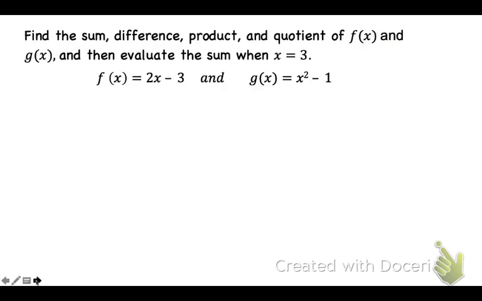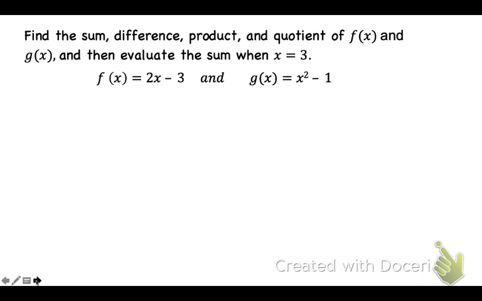Okay, find the sum, difference, product and quotient of f of x and g of x, and then evaluate when it's 3. So we have 5 problems there: sum, difference, quotient, product. Do you guys want to jump in and try to do it yourself, or do one together?